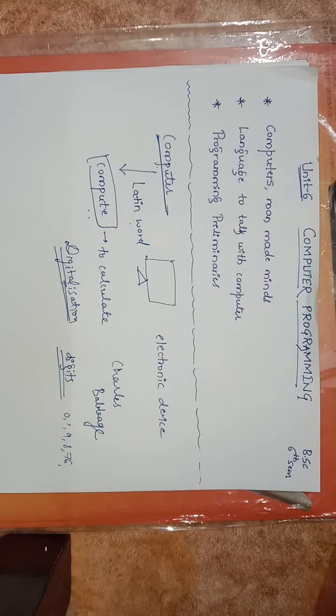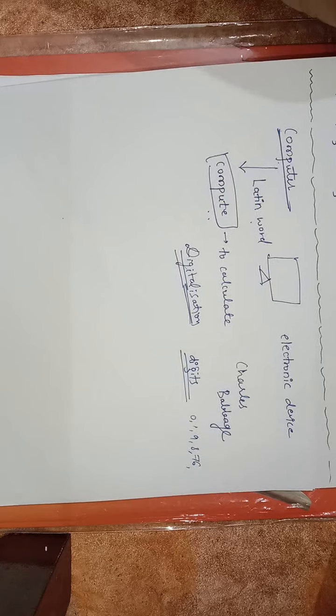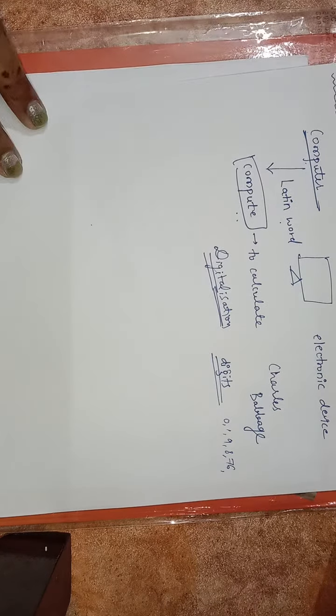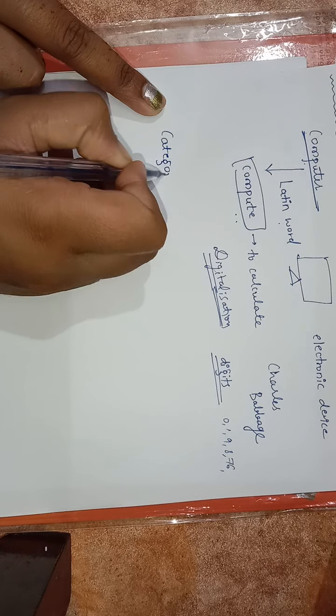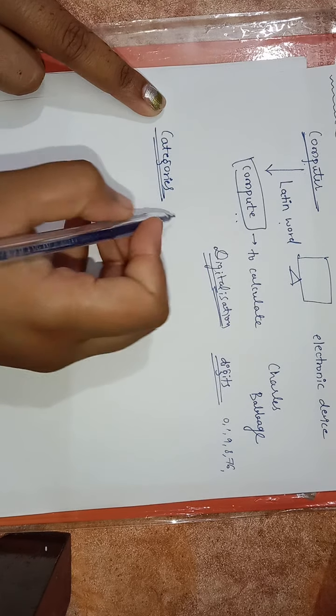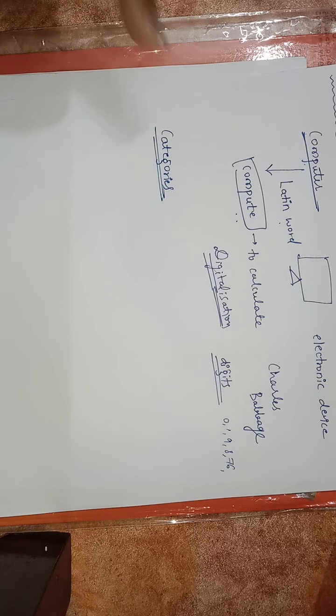I can say there are some categories of computers. Let's discuss the categorization of computers. Depending on their working principle, their size, their capacity of working, or their storage, computers have been divided.